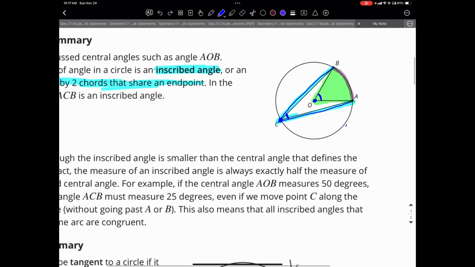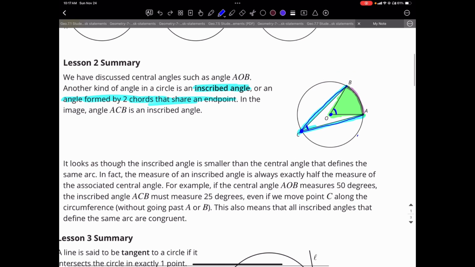So if you have an inscribed angle that opens up to a chord, the measure of the angle is going to be half the measure of the arc. I said chord, I meant arc. An inscribed angle that opens up to an arc is going to be half the measure of its arc. It looks as though the inscribed angle is smaller than the central angle that defines the same arc.